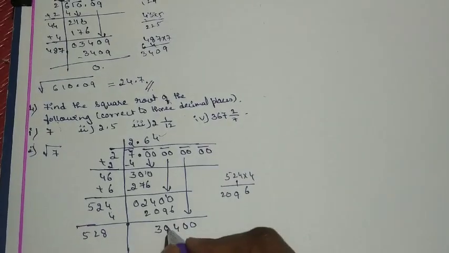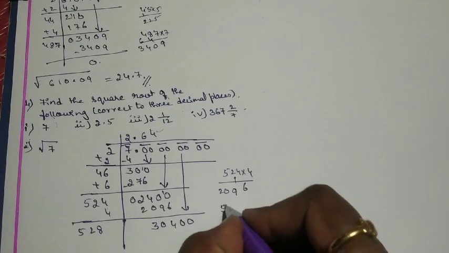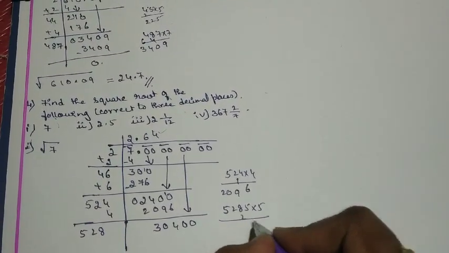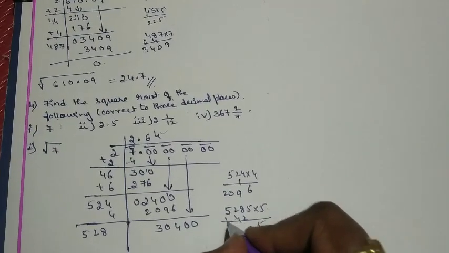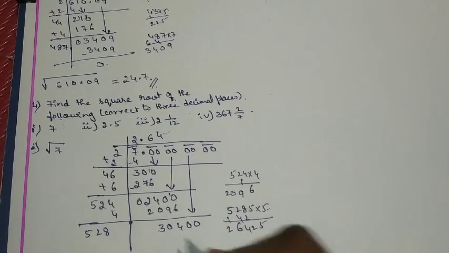Then 5 6 is 30. So I'll go for 5. 5285 into 5. 5 5 is 25. 5 8 is 40 plus 2 is 42. 5 2 is 10 plus 4 is 14. 5 5 is 25 plus 1 is 26. So this is nearer to this.